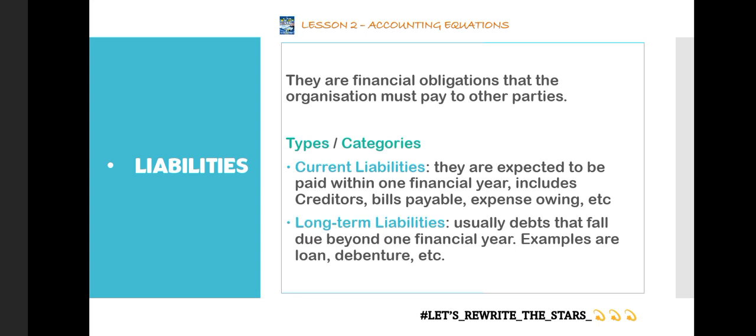Let's move on to long-term liability. If we are comparing long-term liabilities to assets, then the long-term liability is going to act like a fixed asset. Usually, debts that fall due beyond one financial year are what we term as long-term liabilities.